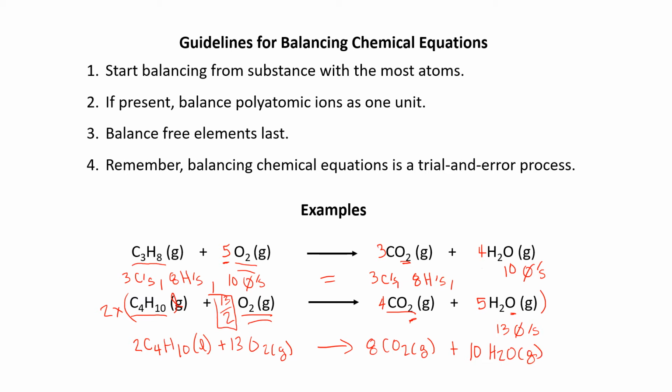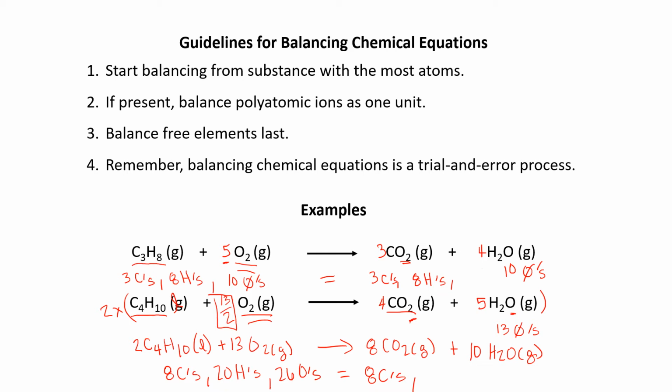All right. So now I'll do my atom count. I have 8 carbons on this side. I have 20 hydrogens on this side. And I have 26 oxygens on this side. And so I should have that same number of carbons, hydrogens, and oxygens on the product side. So let's see, that's 8 carbons on this side.